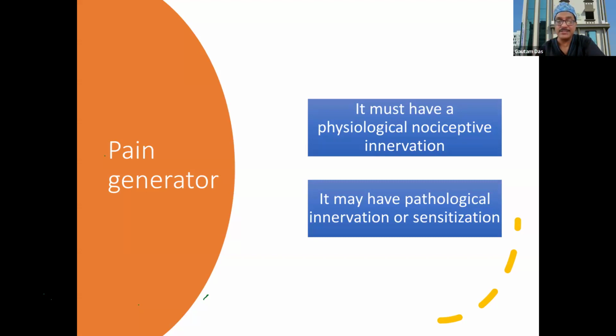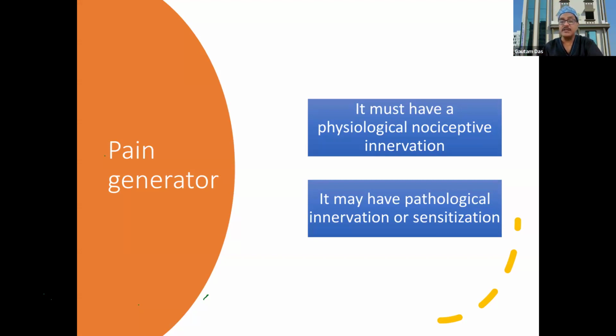I'll be talking about this disc today: inside the disc, the whole of the nucleus pulposus and the inner 2/3 of the annulus don't have any nerves physiologically. But when the disc gets degenerated, then nerve endings grow inside to innervate the inner 2/3 and the whole of the nucleus pulposus. So the disc which was earlier not painful now becomes a painful structure.